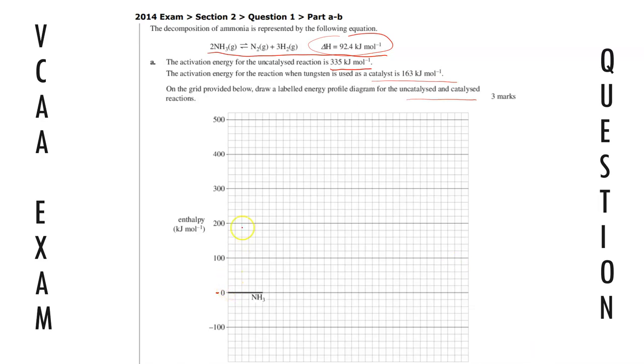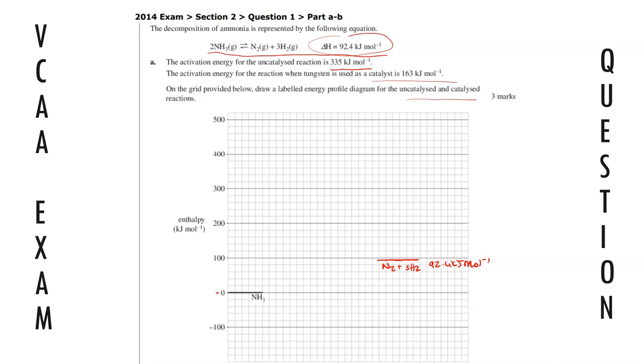So this is kilojoules per mole. This is 100, so 20, 40, 60, 80. So this is going to be very close to 100. So I'm going to draw my products line in here, and that's going to be N2 plus 3H2, and I'm going to label that as 92.4 kilojoules per mole, so my examiner knows that's what I meant.